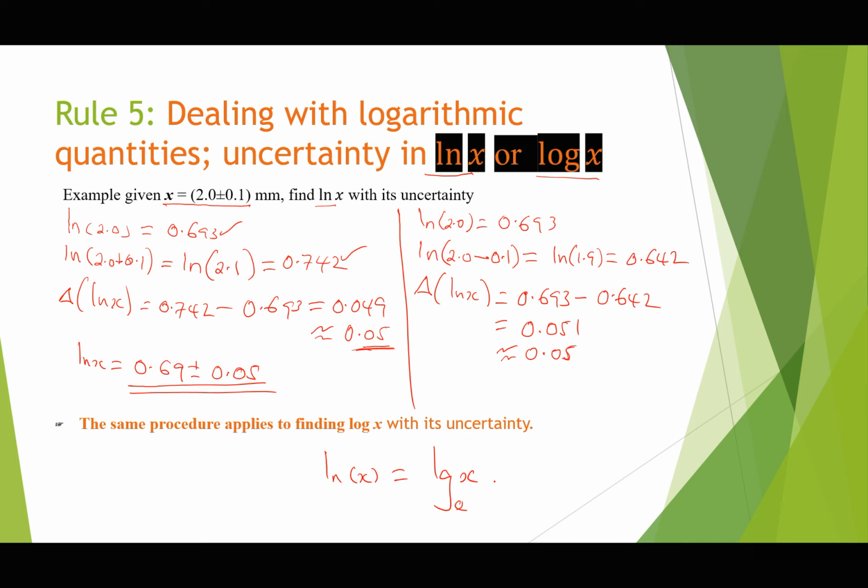So do not think that is different. If it is log to base 10, you treat it the same way we have treated ln. I think that has been an interesting rule, and I think it is the simplest rule that you will find in paper 5. So at this point, you therefore qualify to attempt the following self-check.